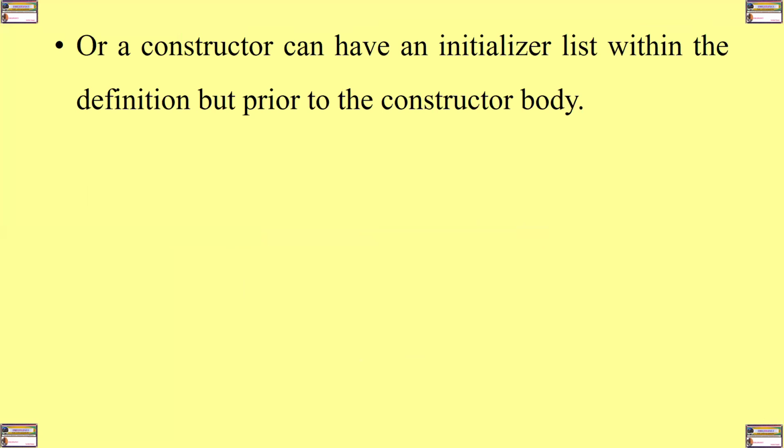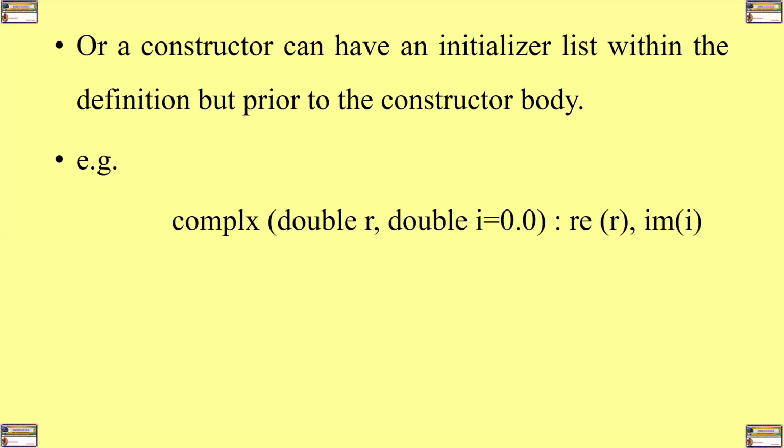Secondly, a constructor can have an initializer list within the definition, but prior to the constructor body. For example, you can have a method called Complex. As usual, this method is receiving two parameters of type double.